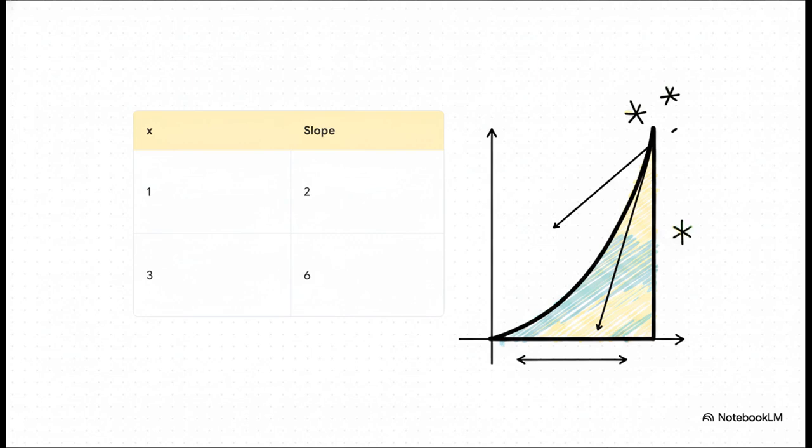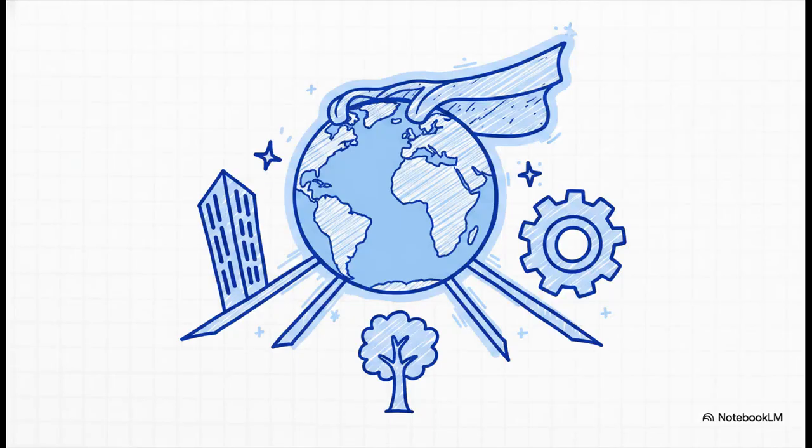When x is 1, the slope is a manageable 2. But step over to an x of 3, and wow, the slope suddenly spikes to 6. The curve gets steeper and steeper. This perfectly illustrates how the derivative tracks the exact rate of geometric change at specific points, capturing that dynamic shifting in real time.